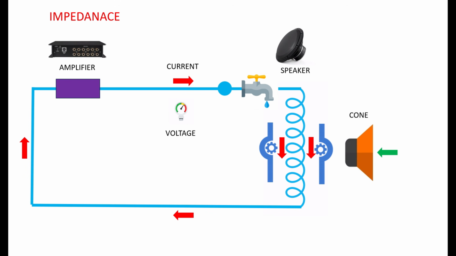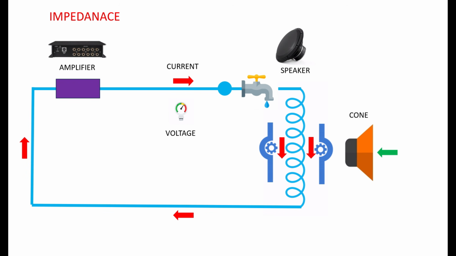But the good thing is that these fluctuations are not normally big enough for us to hear as big jumps in volume, right? Because loudness is more than just the amount of current flowing through the voice coil, right?